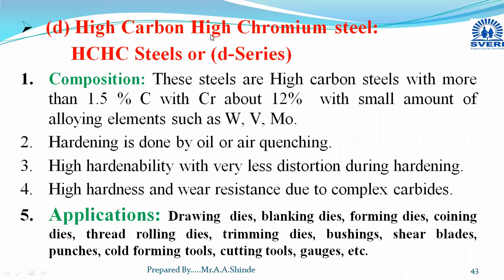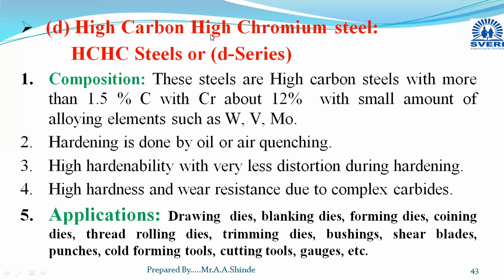Suppose 2.3% is there, then that 0.3% carbon will combine with the alloying elements and form their respective carbides. Hence, the net carbon percentage will be less than 2%, and it will remain in the form of a solid solution with iron as an austenite phase only.